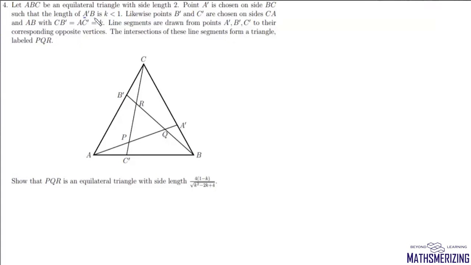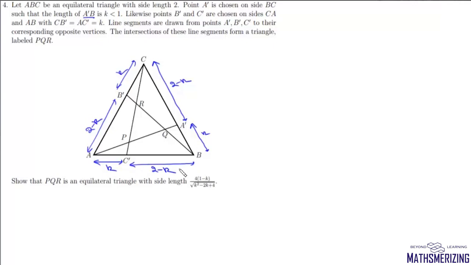Now it says A dash B is k. So this is A dash B, it is k. Then A dash C is 2 minus k. In the same way, C dash B is k and AB dash is 2 minus k, AC dash is k and BC dash is 2 minus k.